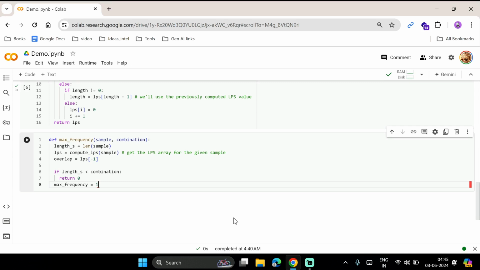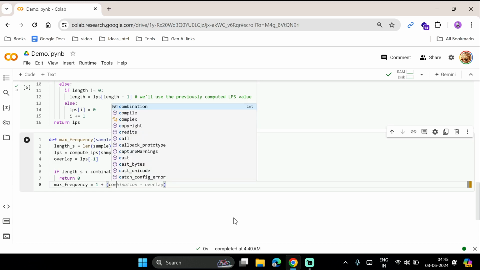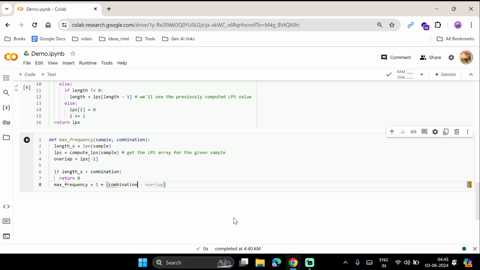So it would be 1 plus combination minus length of S, percent overlap.